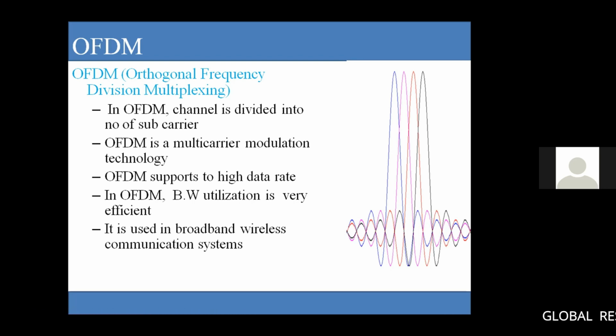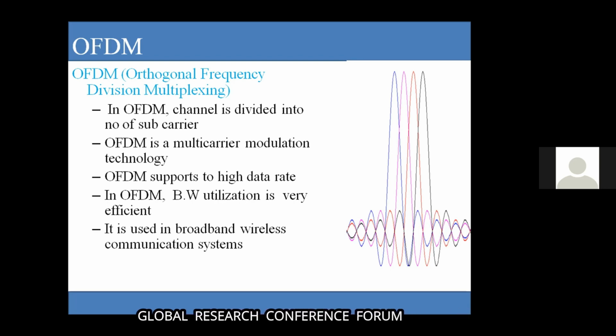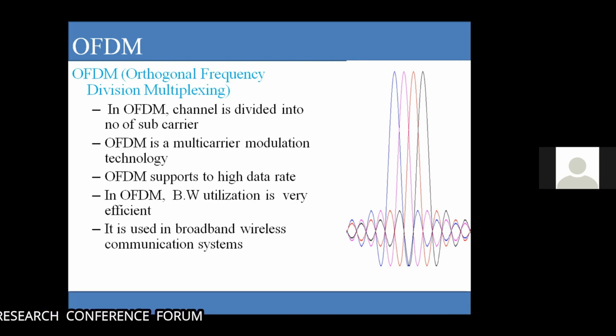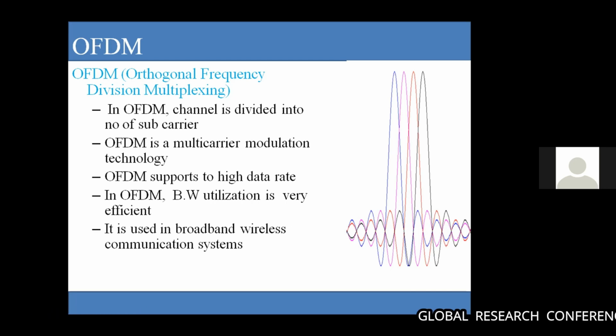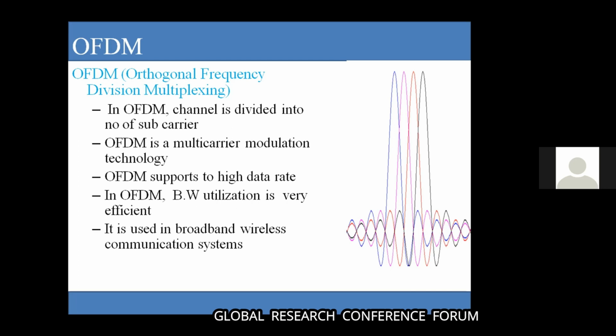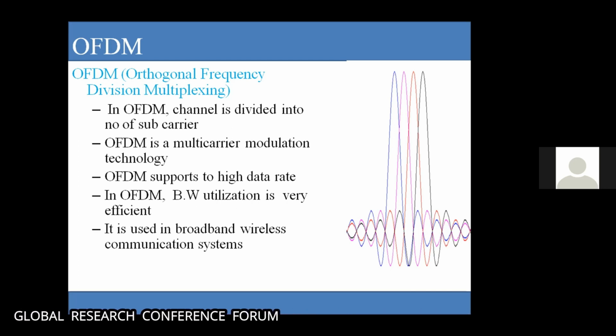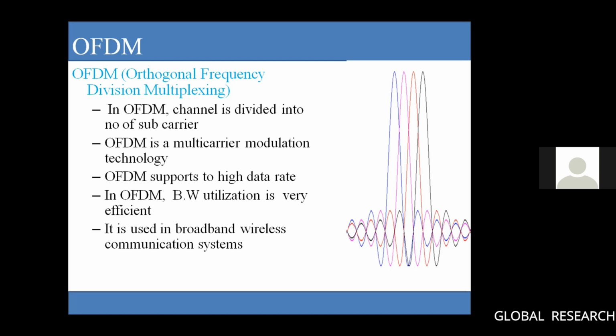That's why OFDM technology is used in broadband wireless communication systems like LTE, WiMAX, and 4G and 5G also. In OFDM, the subcarriers are orthogonal to each other.